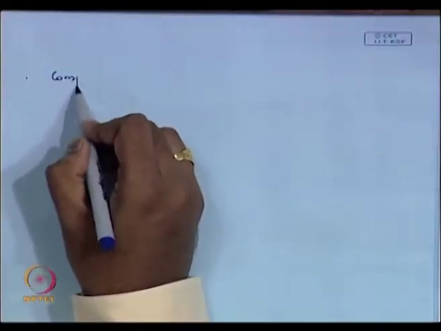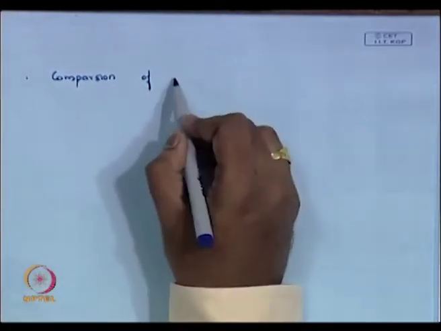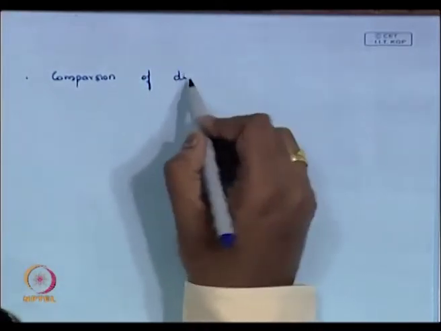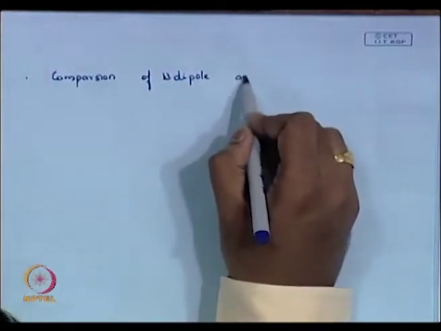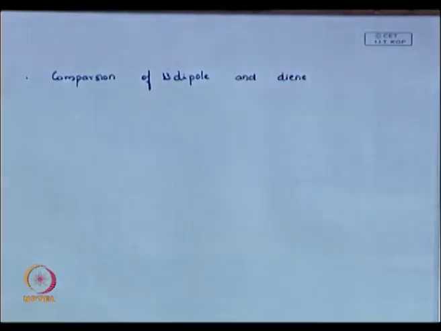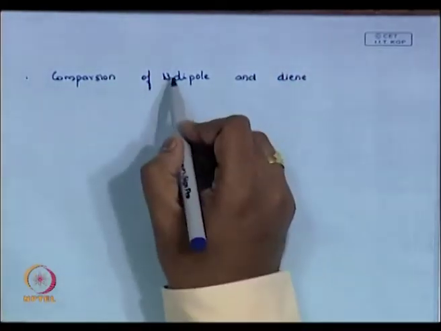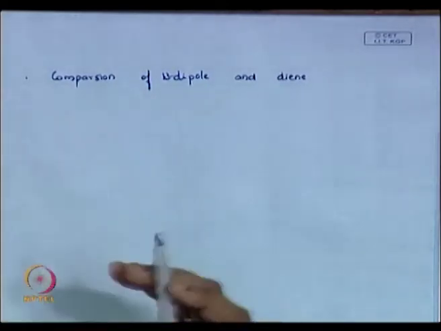Now we will see how we can compare a 1,3-dipole and a diene. We talk about diene systems when we talk about the Diels-Alder reaction. In this case it is more like a 1,3-dipole. So, are there any comparisons we can think about?